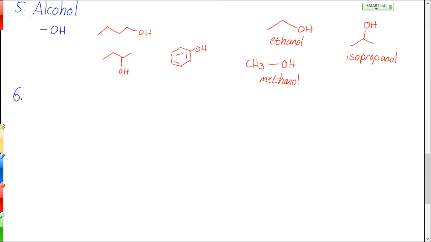Okay, similar to the alcohol, but less common, is the thiol, which is SH. One of the nice things about looking at these two is that it really shows some of what we can do with the periodic table. We know that atoms that are on top of each other in the periodic table, in the same groups, or families as they're sometimes called, have the same number of valence electrons.